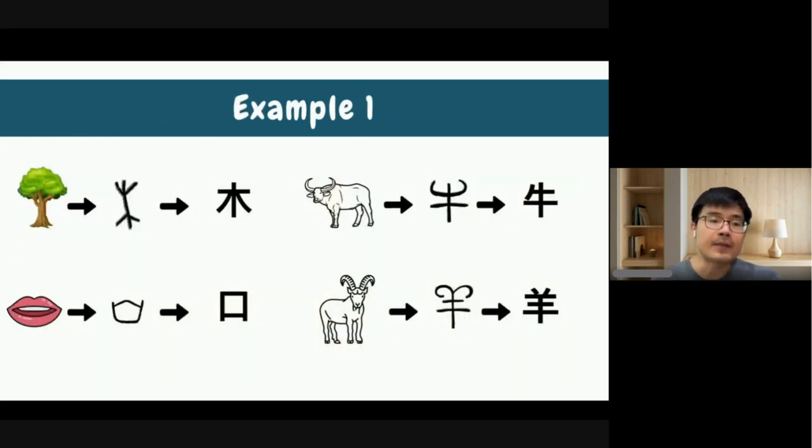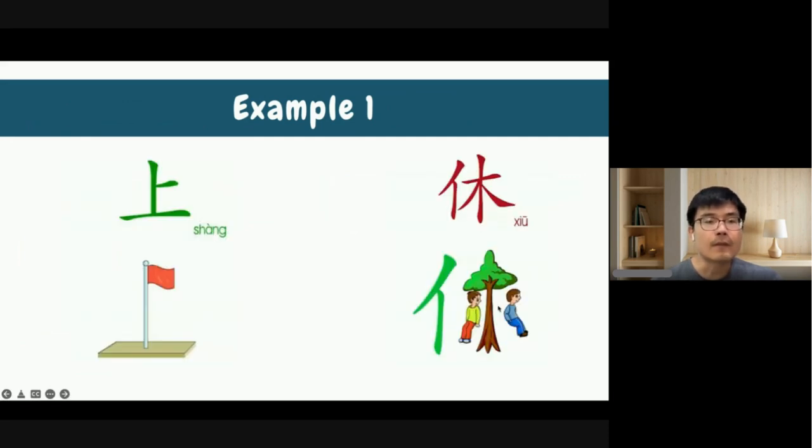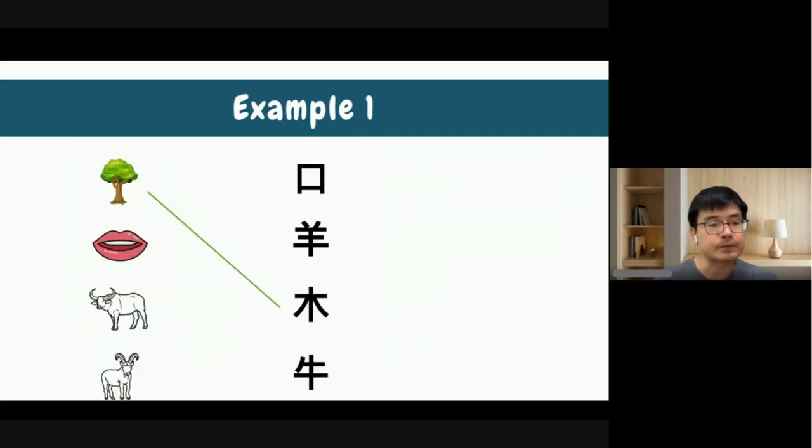Here you can see an example where images and videos are used to show the origin and evolution of characters. For instance, 木, 口, 牛, and 羊. Also the video 上 and 休. We explore each character with its meaning, then we play matching games to connect the images with characters.